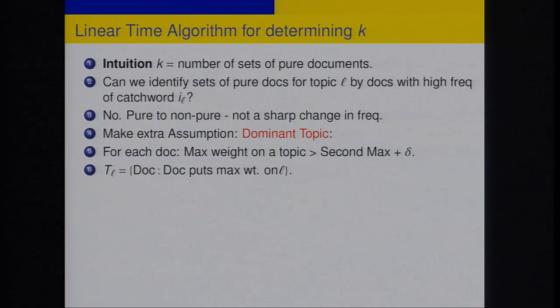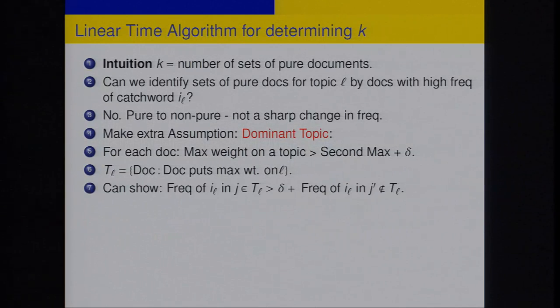Now with this gap, we can do the following. We take all documents that put their maximum weight on topic L. Every document puts maximum weight on something. Let's say these are the documents that put maximum weight on topic L. Then we can show, this is intuitively clear, but it requires a proof, I won't do that, that the frequency of the catchword for topic L for documents that have max weight on L is strictly greater than the frequency of the same catchword on documents that don't have maximum weight on L. And this uses the fact that the second max is smaller by a certain amount.